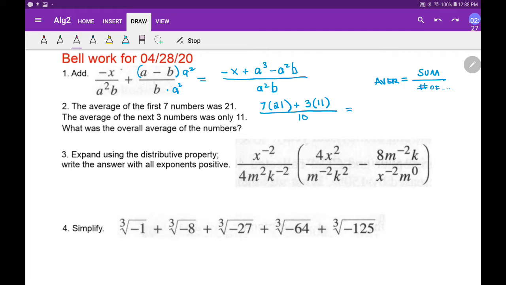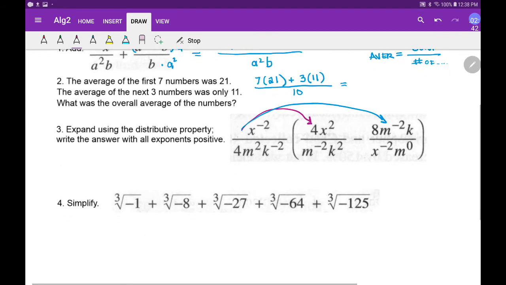But anyway, expand each using the distributive property. All right, so I think I'll just do the first one, and I'll let you do the second one, but I'm going to do the first one here. Let's see, the x's are going to cancel, right? X to the 0, I don't need to write that down.